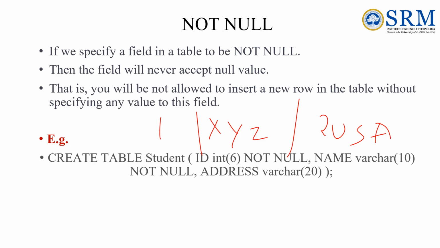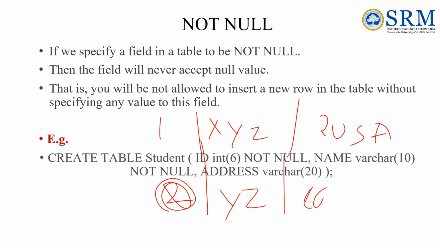But just in case, if we are entering the second value without entering 2, leaving this place empty, and entering here YZ and Canada, now I didn't enter a value in the ID column. Once you enforce this NOT NULL constraint, you can't go further without filling this.